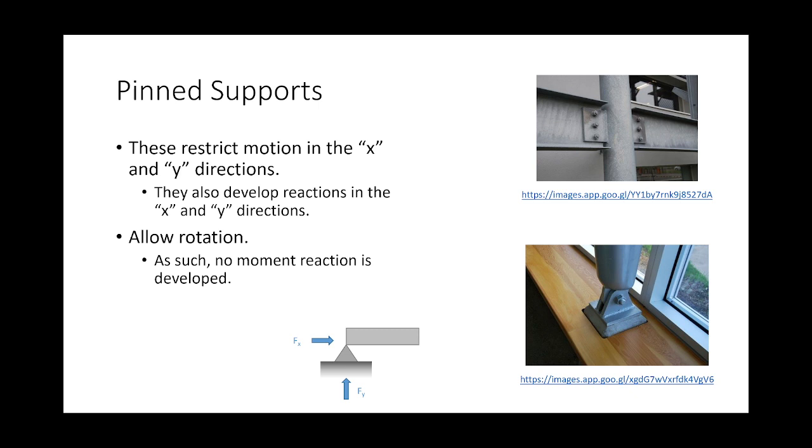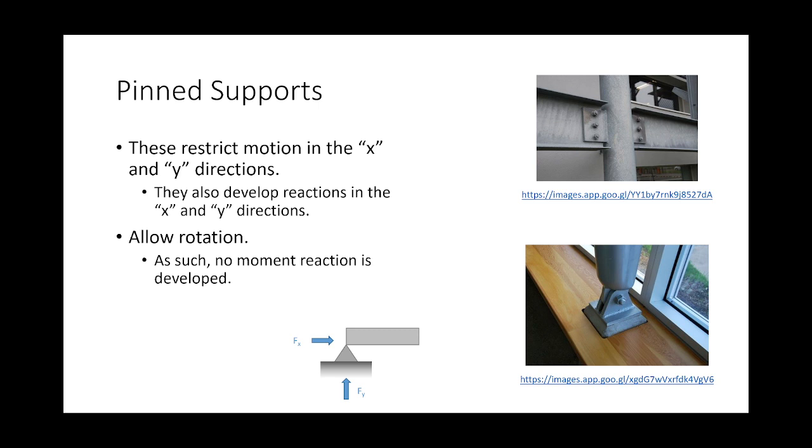Now, one of the things about a pinned support is that it does prevent translation. Okay? I cannot take this element and move it this way or move it this way. It is prevented from translating. However, if you just look at this, the support would allow free rotation of that member, right?